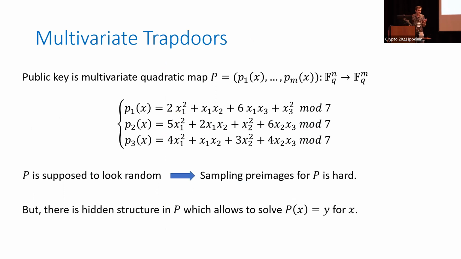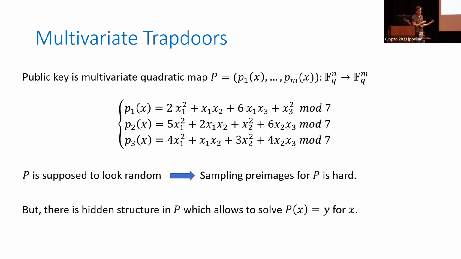So I mentioned it's a multivariate cryptosystem. It's based on a multivariate trapdoor. What's that? It's just a trapdoor function that is a multivariate quadratic function. So it's just a bunch of quadratic polynomials in some variables. This example is a map in 3 variables with 3 components, and this is what our trapdoor function is going to look like.